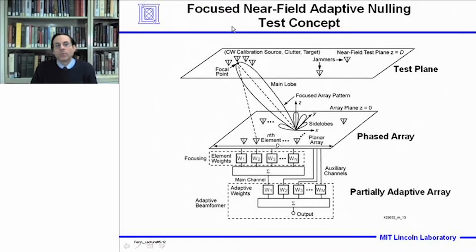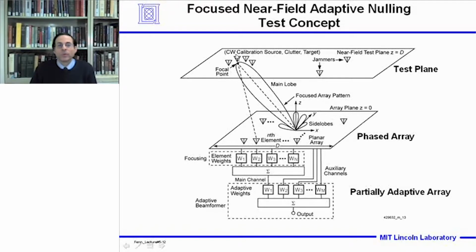So this slide shows a little more detail on how the focused near field adaptive nulling test concept might work. Here we have the large phased array antenna aperture with the focused array pattern superimposed. To form the focused near field pattern, we have a set of TR modules with weights, amplitude, and phase that can be used to calibrate the phased array to a focal point.